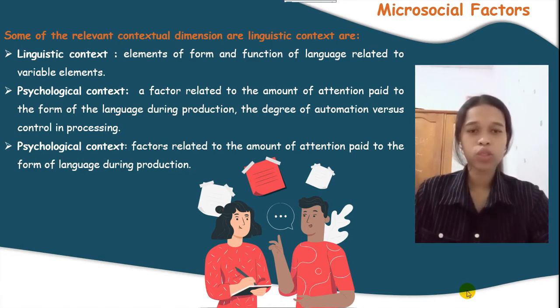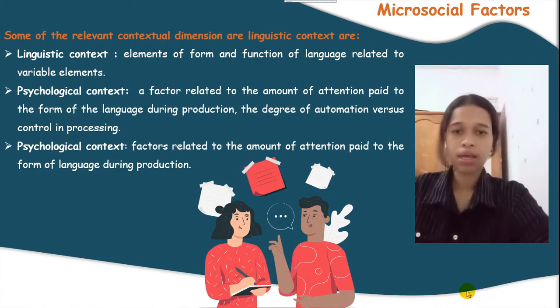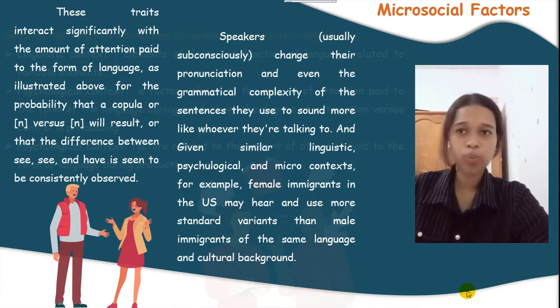Psychological context factors relate to the amount of attention paid to the forms of language during production. These traits interact significantly with the amount of attention paid to the form of language, as illustrated above.